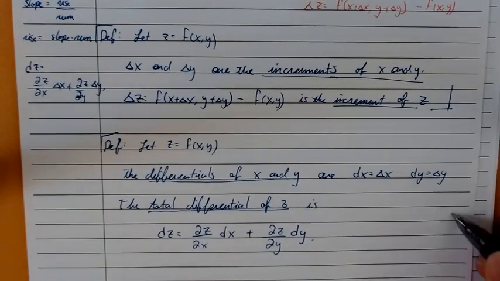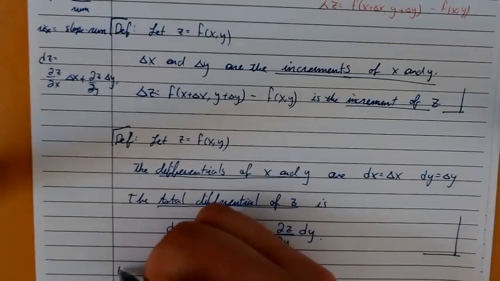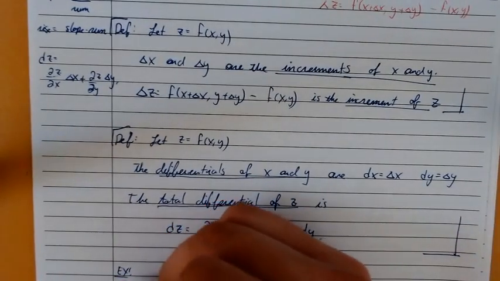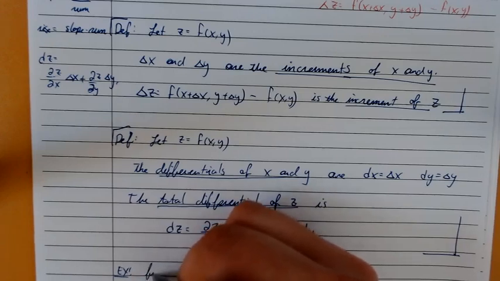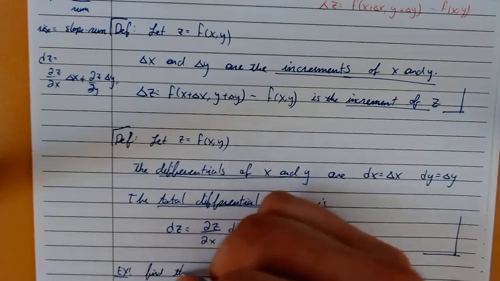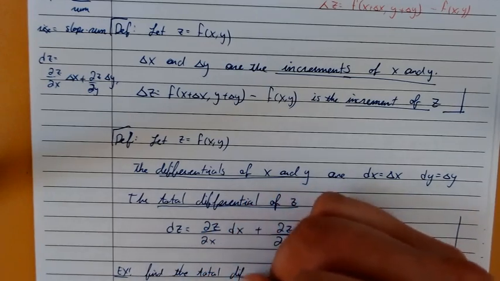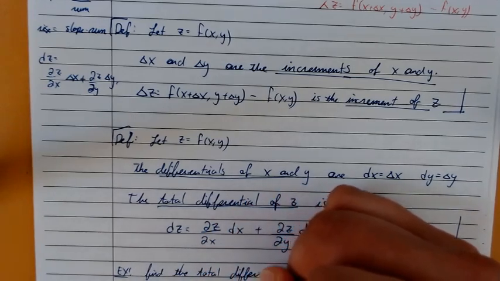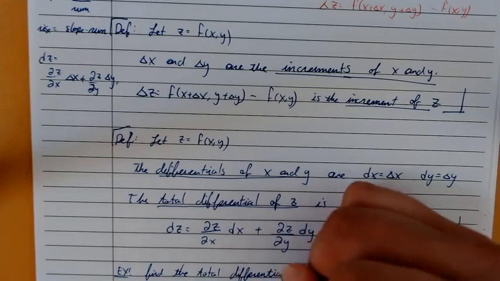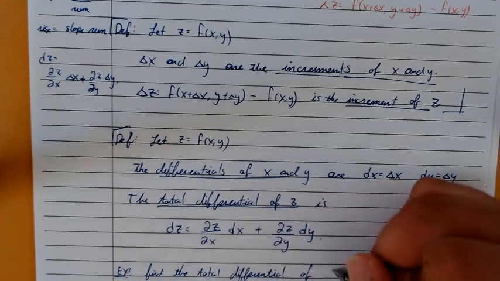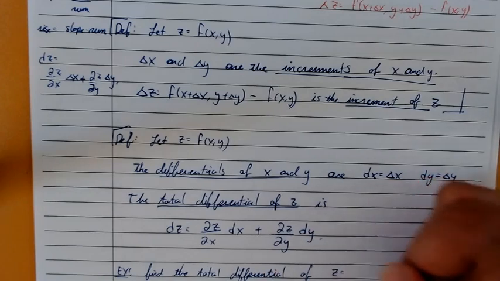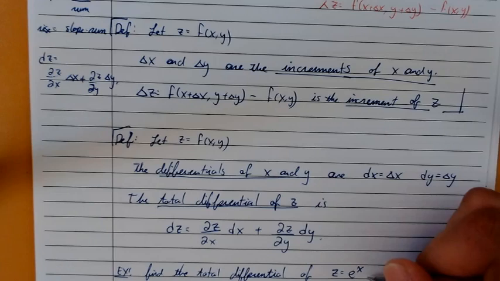So let's take a look at an example. Let's go and find the total differential of the surface of the function z, f of x comma y, equals e to the power of x times the sine of y.